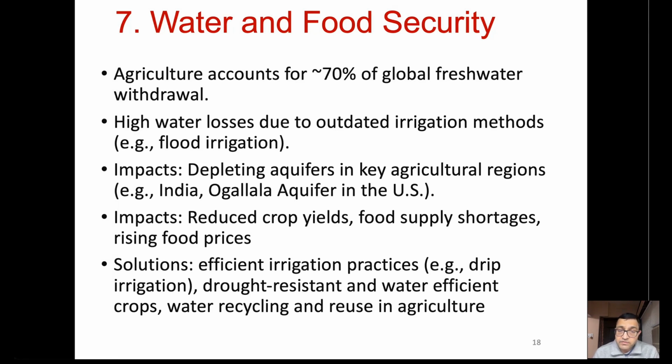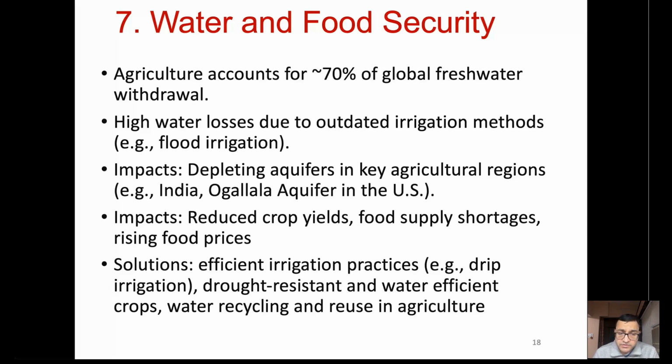With these depleting aquifers, crop yields could be impacted, that could lead to food supply shortages, which could lead to rising food prices. So it's a ripple effect that water availability, or water quantity, might have on food and food prices.